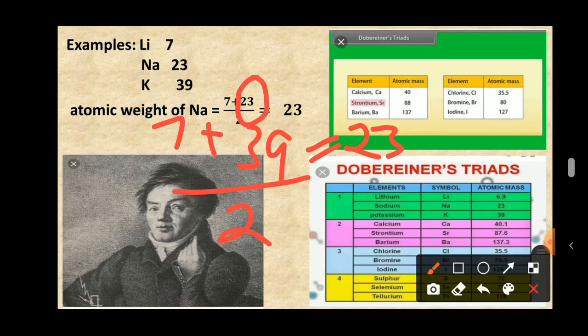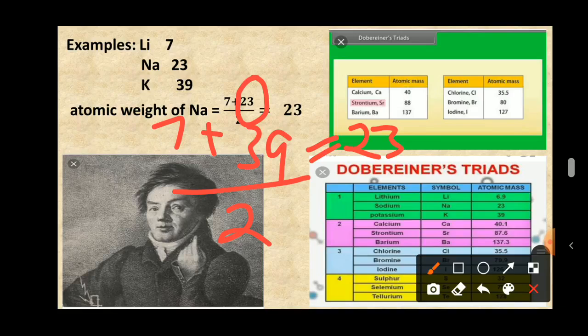You have to write 7 plus 39 divided by 2, and you will get 23. So the atomic weight of sodium can be calculated with the help of the arithmetical mean of lithium and potassium.